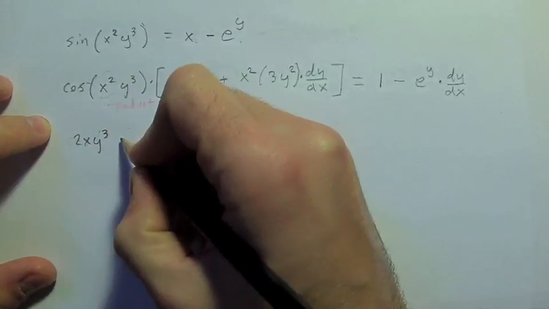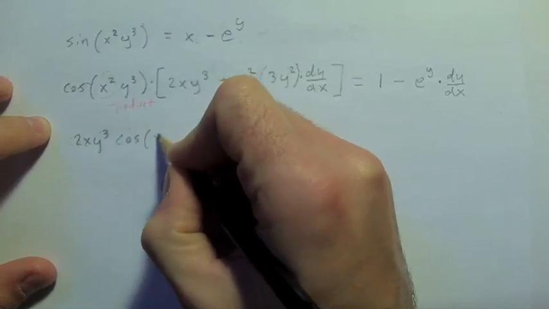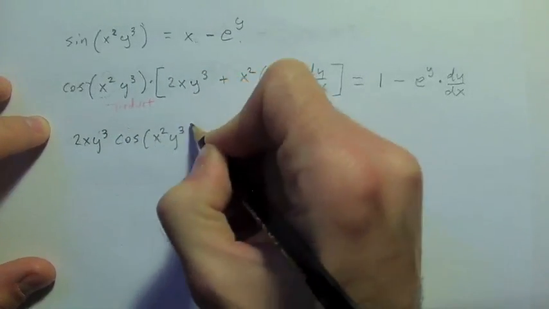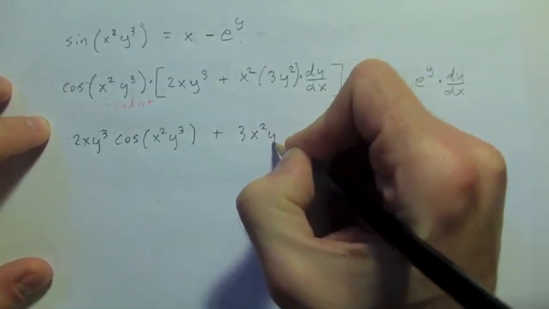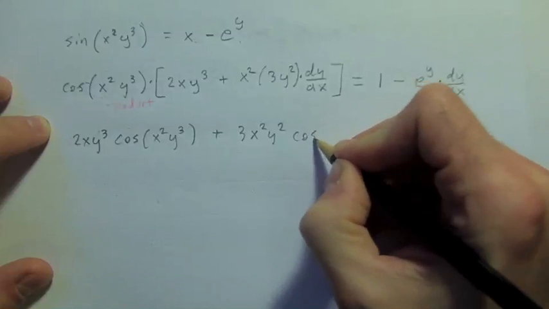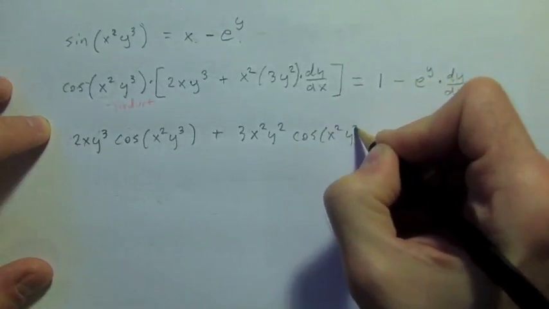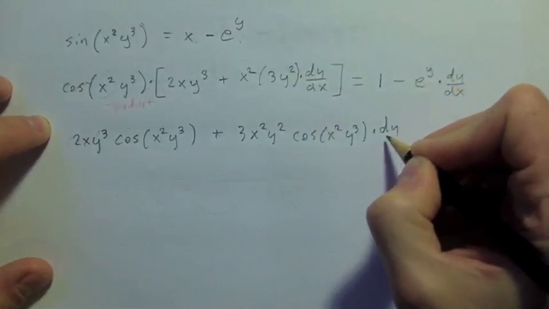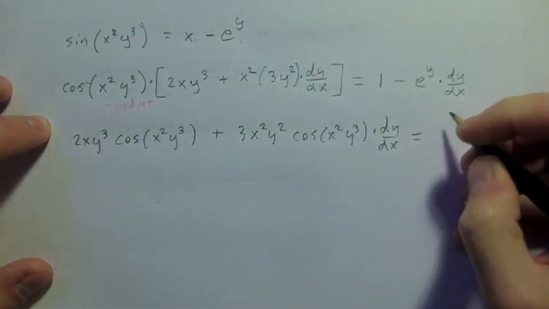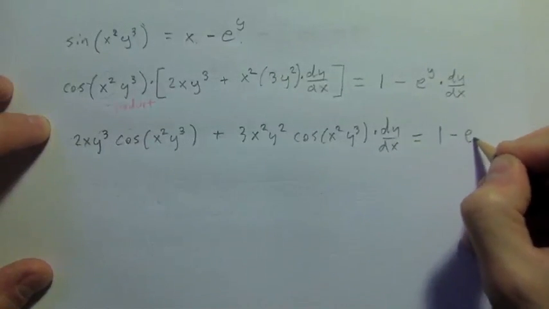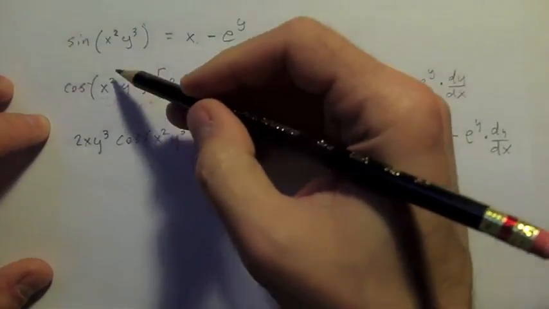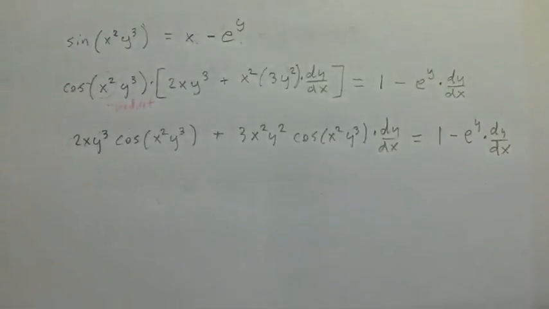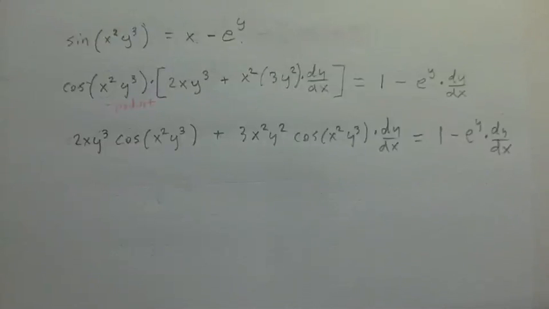So this is just going to be 2xy cubed times cosine of x squared y cubed plus 3x squared y squared cosine of x squared y cubed. This one has a dy over dx, and the whole thing is still equal to 1 minus e to the y times dy over dx. So all I did was distribute this cosine x squared y cubed.